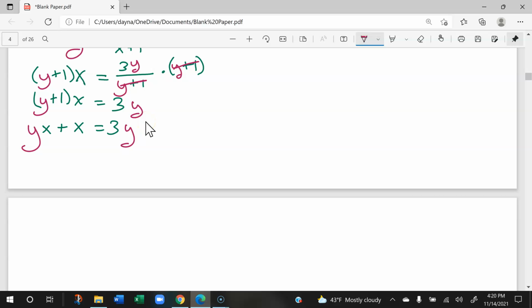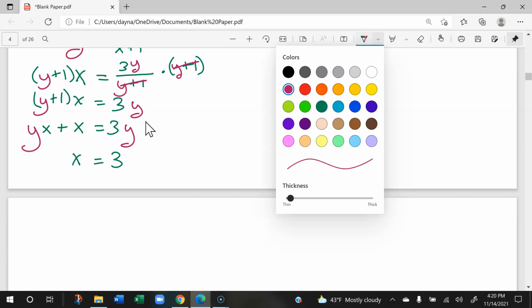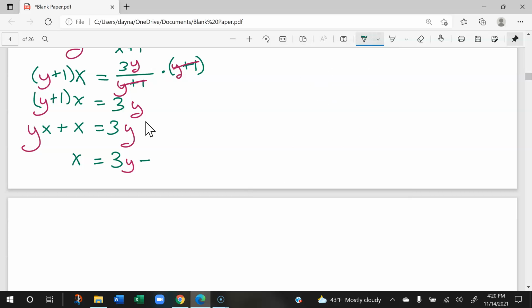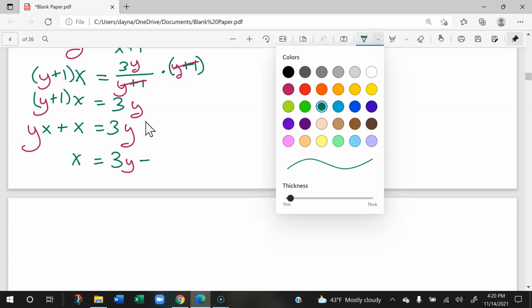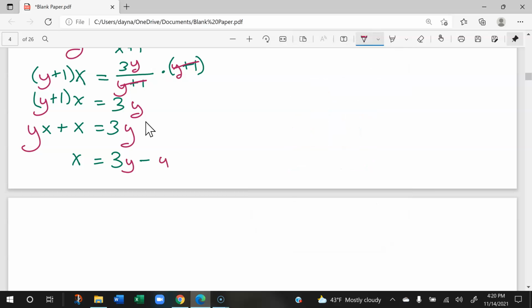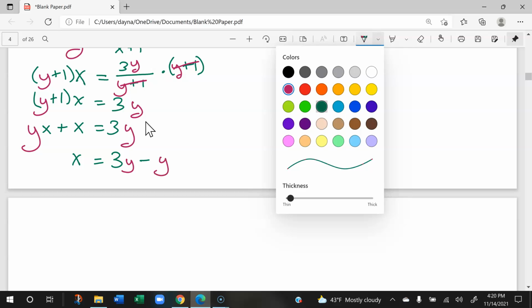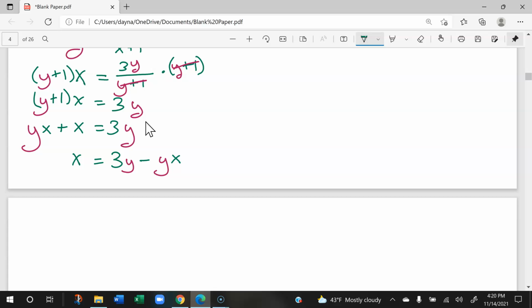So I'm going to subtract this yx. So I'm going to have x is equal to 3y minus the yx. Now it can be xy, it doesn't matter, because remember, multiplication can be in either order.